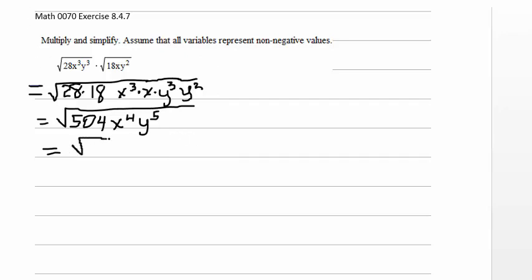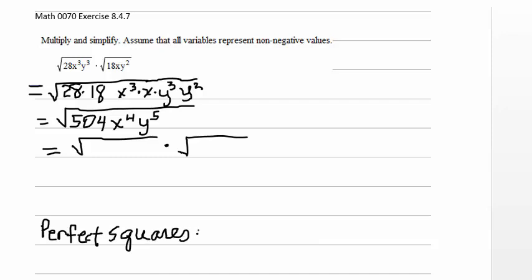And so we think about the perfect squares, and we get that list by beginning with 2 and squaring it.